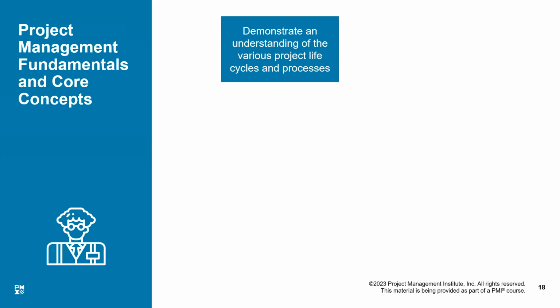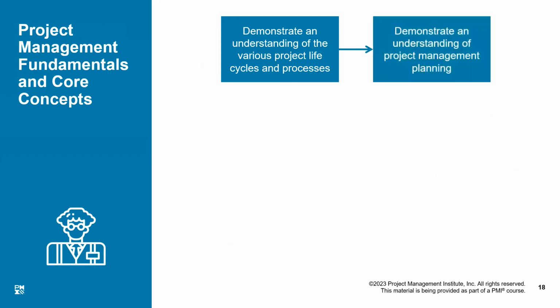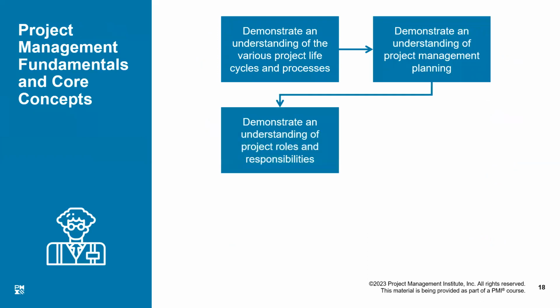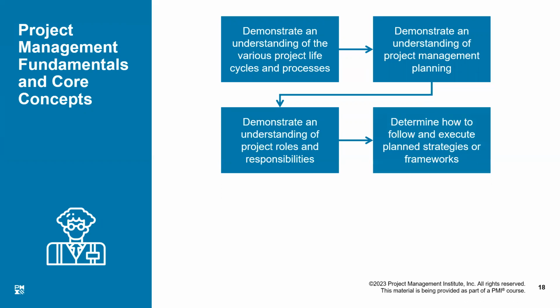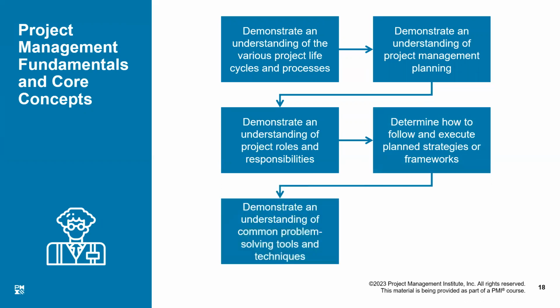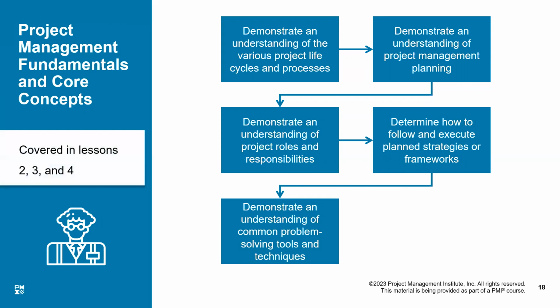Fundamentals and core concepts. They demonstrate an understanding of the various project life cycles and processes, demonstrate an understanding of project management planning, demonstrate an understanding of project roles and responsibilities, determine how to follow and execute planned strategies or frameworks, demonstrate an understanding of common problem-solving tools and techniques, common ones, of course.